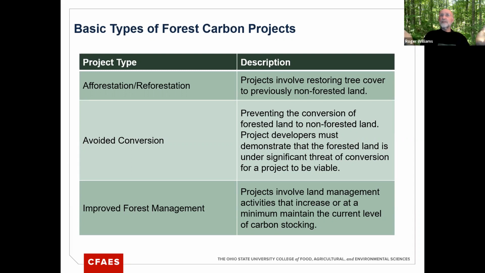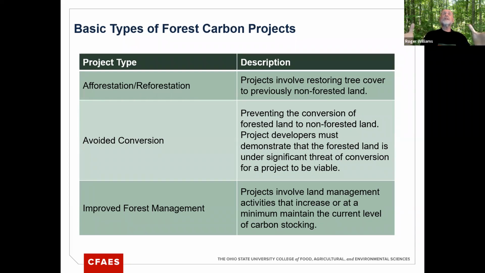We see that with farmland. A lot of farmland, particularly around urban areas, is getting pressured, because of higher land use value, to sell it and to develop housing developments. Well, your woodlot may be in a similar position, right?